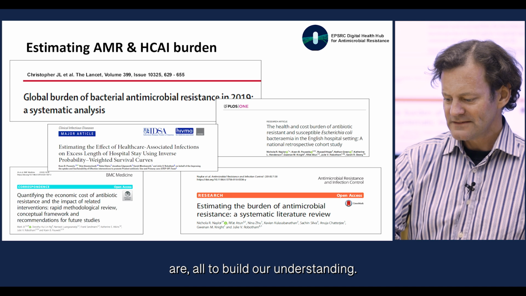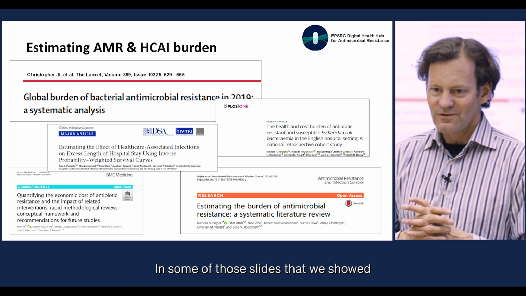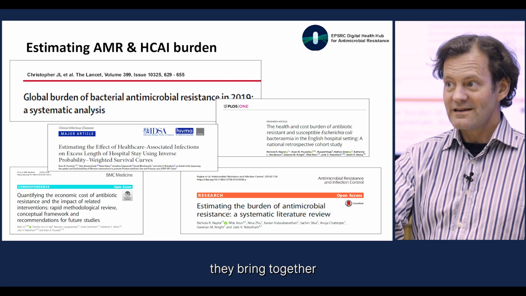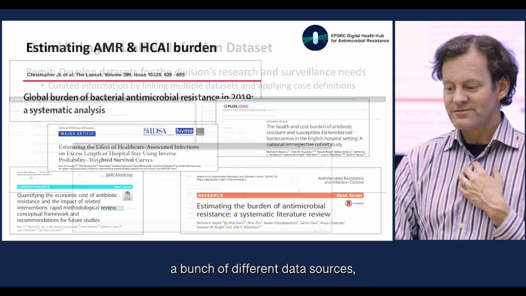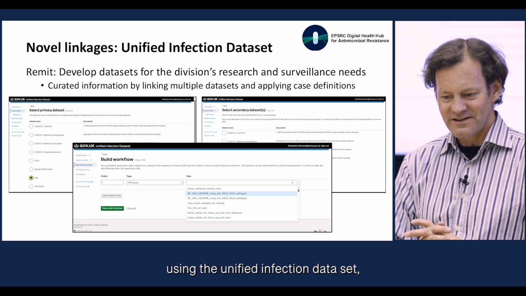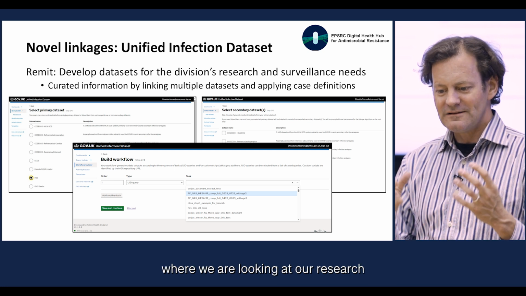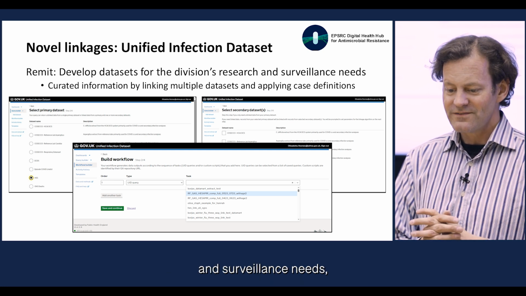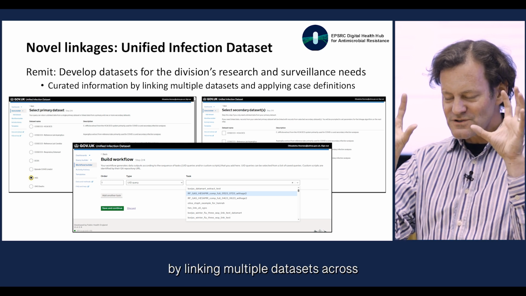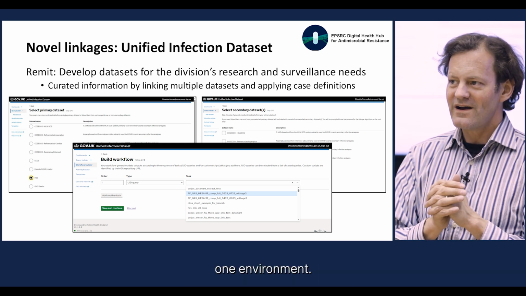our understanding. In some of those slides that we showed previously for our antimicrobial resistance and prescribing team, they bring together a bunch of different data sources, and we have developed novel linkages using the unified infection data set, where we are looking at our research and surveillance needs, and we curate information by linking multiple data sets across one environment.